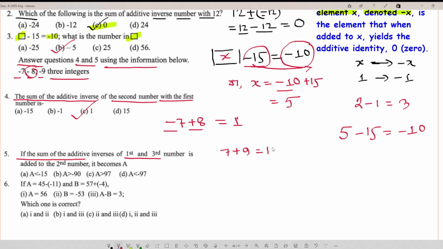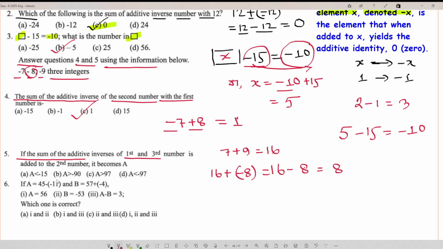So this is 16. Then 16 is added with the second number, which is minus 8. So 16 plus minus is minus, then 8. 16 minus 8 equals 8.